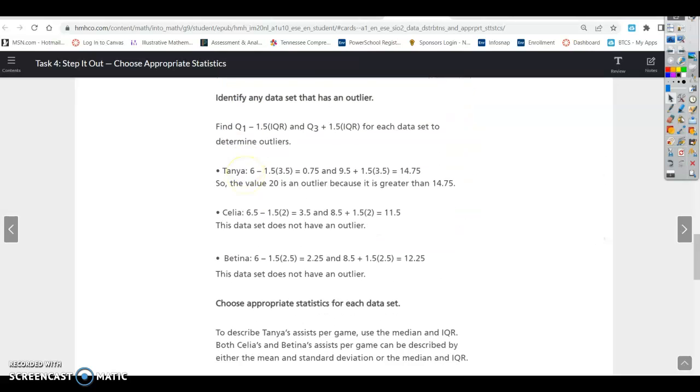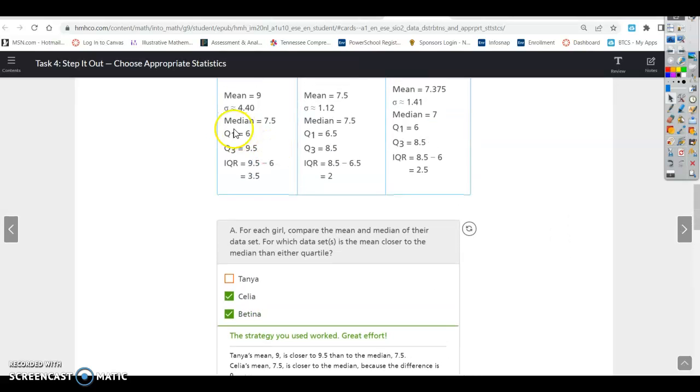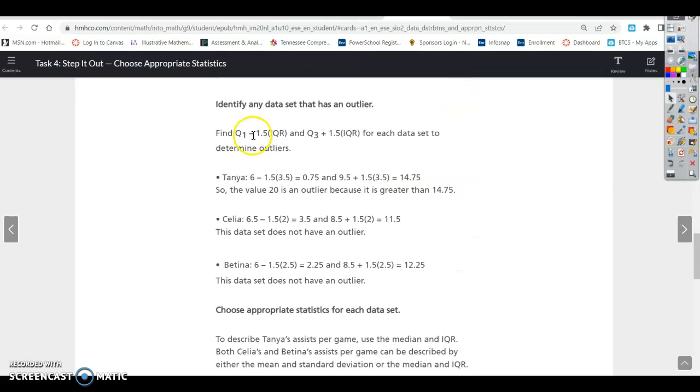So they're pulling the numbers straight from the data above. So 6 minus 1.5 times the interquartile range. Again, her interquartile range right here was 3.5. So that's given information. All right, so that is calculated to be 0.75. Do the same thing with Q3 plus 1.5 times the interquartile range, which is 14.75.